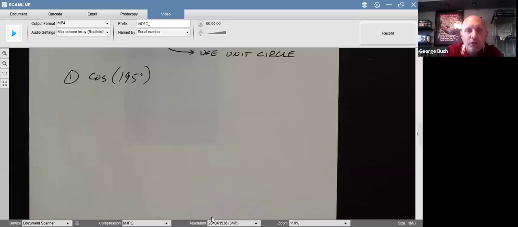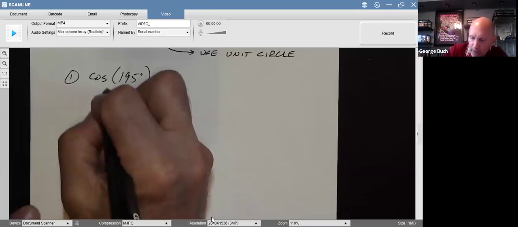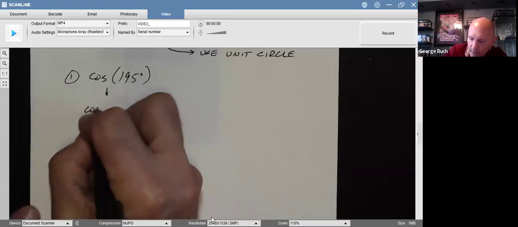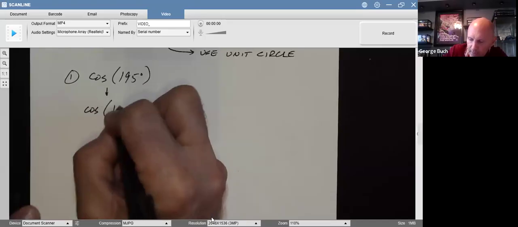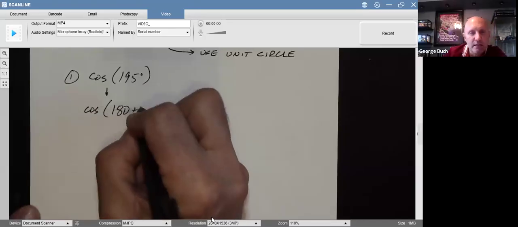The reason being is what? All of those values on the x and y axis have values of 0, 1, or -1. So when we're plugging those into the formula, it's nice when I have zeros and ones because either things cancel out or I just don't really have to worry about it. So for this one, I'm going to start by saying this is the same as cosine of 180 plus 15.